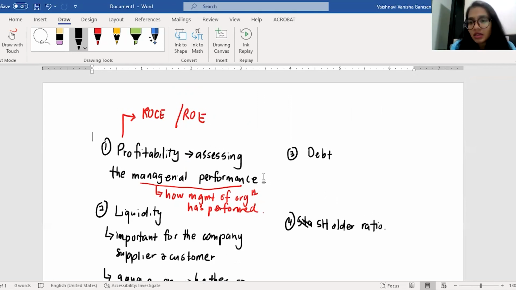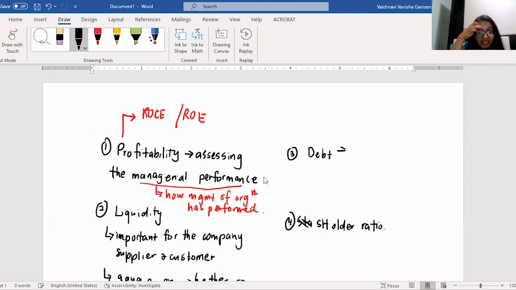For example, the bank will see your debt ratio as very important, because they are going to provide you with additional finance. At that point, you need to remember that their focus area would be to see whether your company is financially healthy, whether the risk is within an acceptable level, before they proceed to make another loan to you, right?